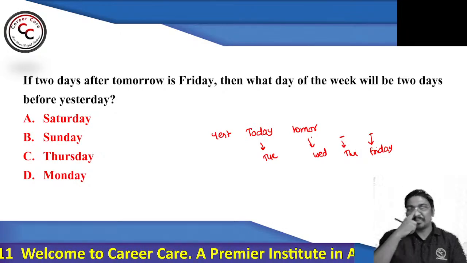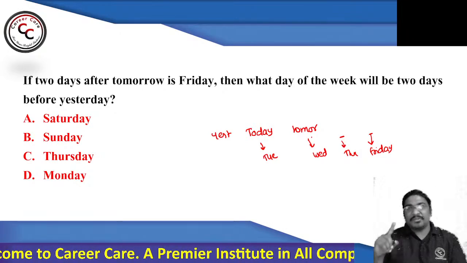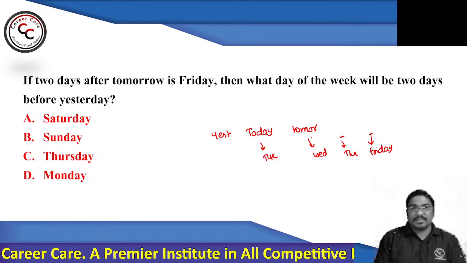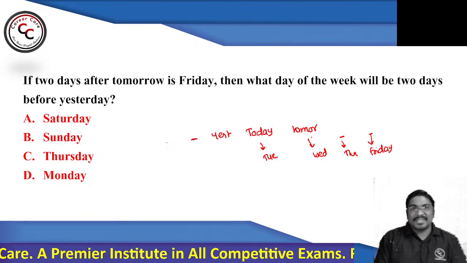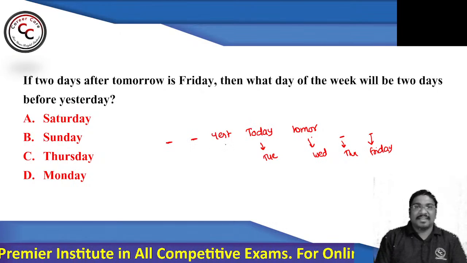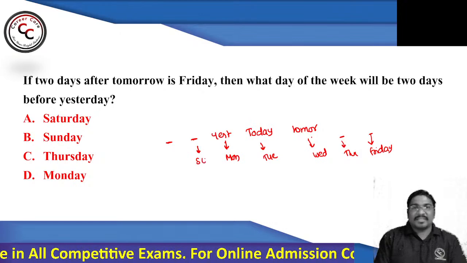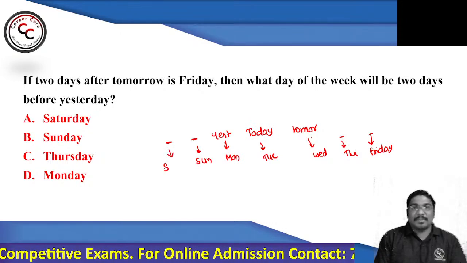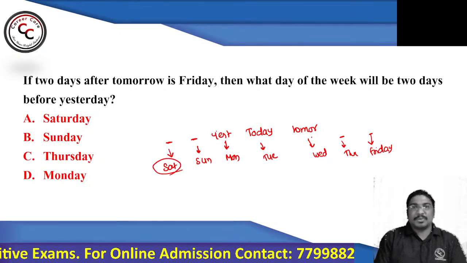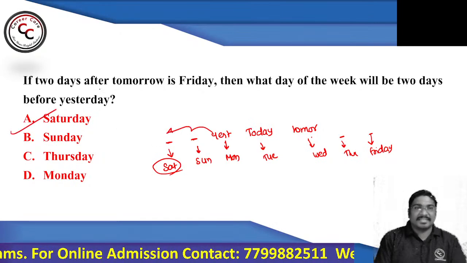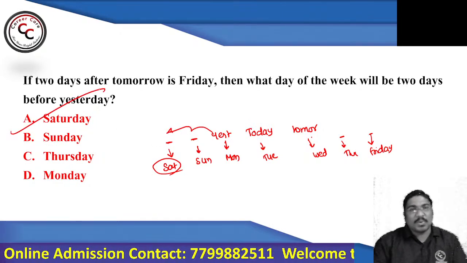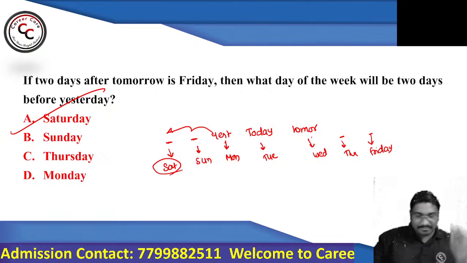Observe carefully. Then what day of the week will be 2 days before yesterday? So this is yesterday, this is first day, this is second day. That means this will be Monday, this will be Sunday, and this will be Saturday. So 2 days before yesterday is Saturday. You can go with respect to option number A.